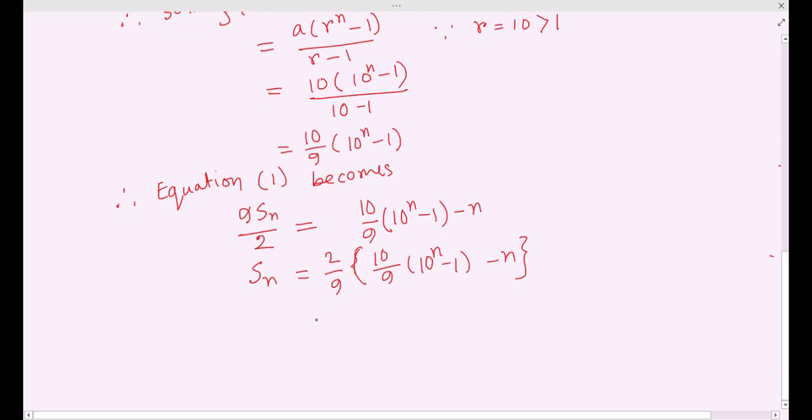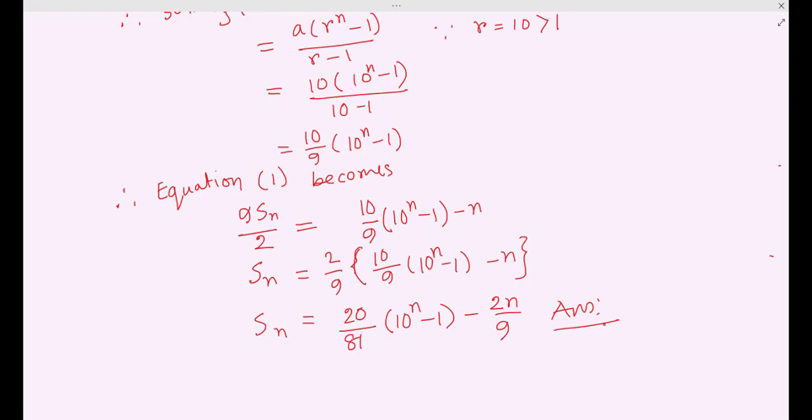And now you can write 20 by 81 into 10 to the power n minus 1 minus twice n by 9. So Sn equal to 20 by 81, 10 to the power n minus 1, minus twice n by 9. This is the sum of the first n terms of the series.